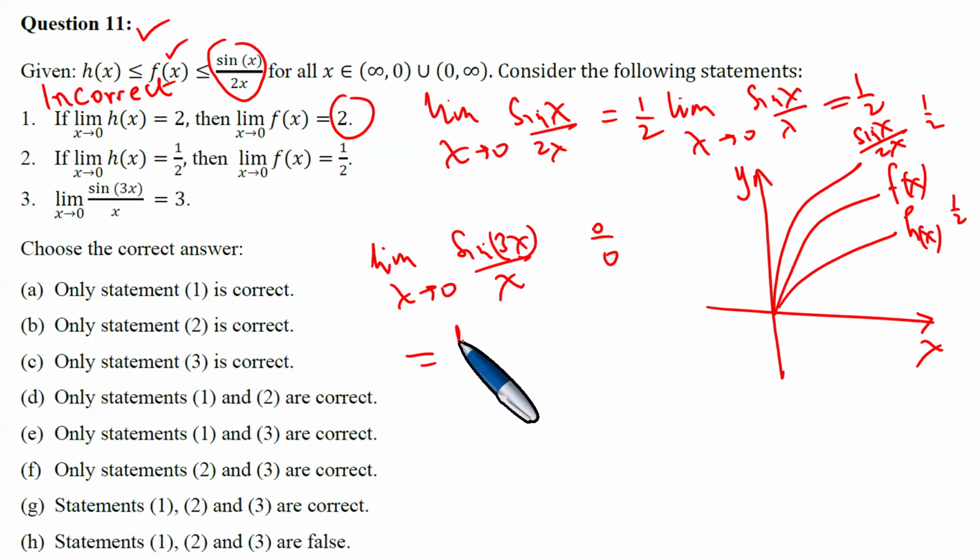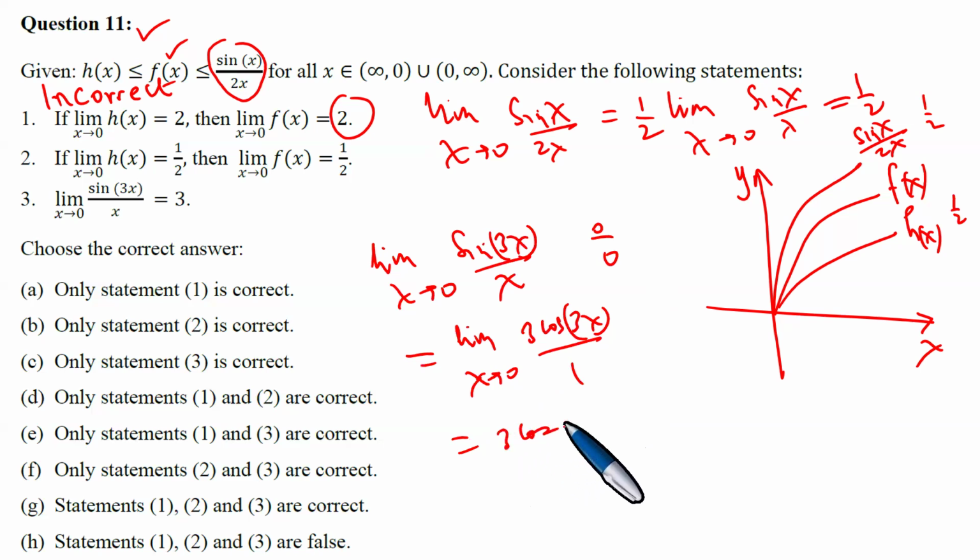You can use L'Hopital's rule. The derivative of sine 3x is 3 cosine 3x over 1. When you put that into 3 cosine 0, and cosine 0 is exactly 1, you get 3. Now, at this point, we're able to see that the fact that this limit is 3 is correct.